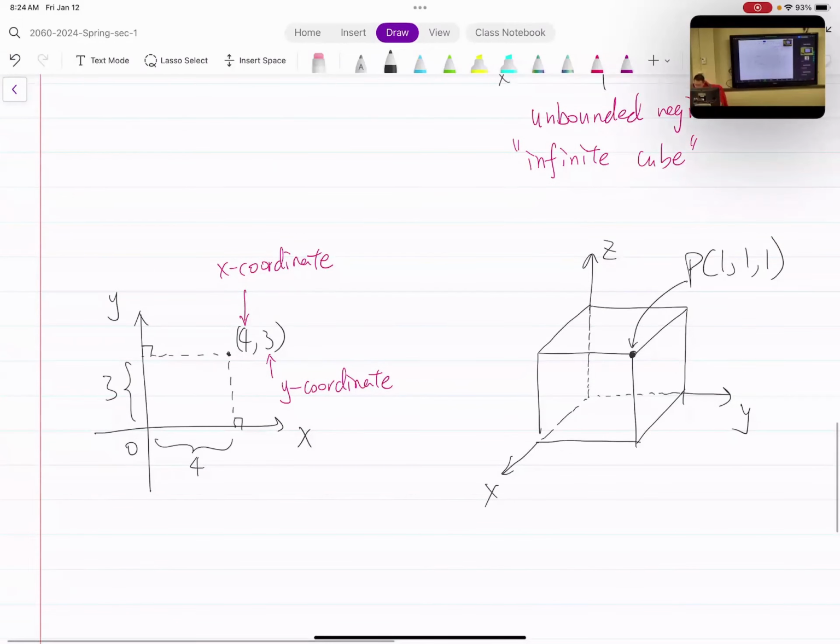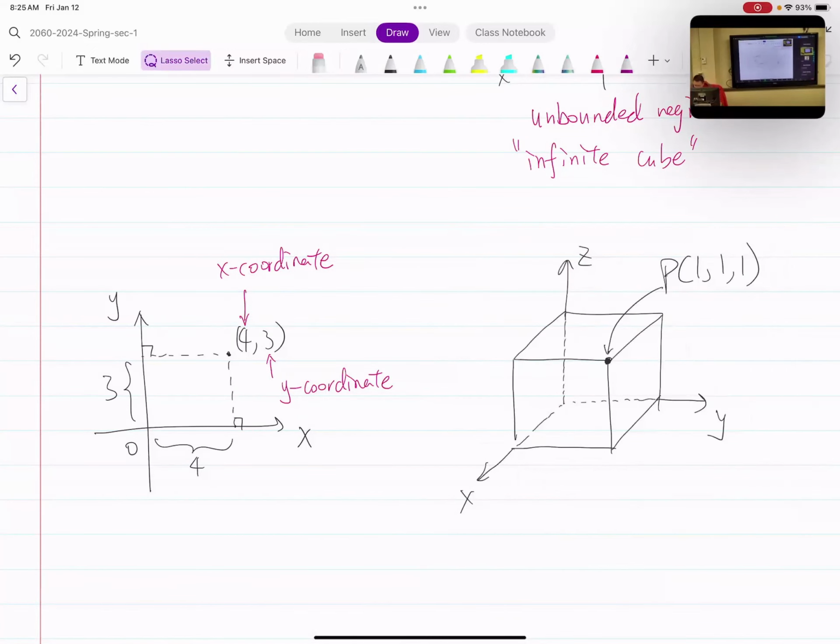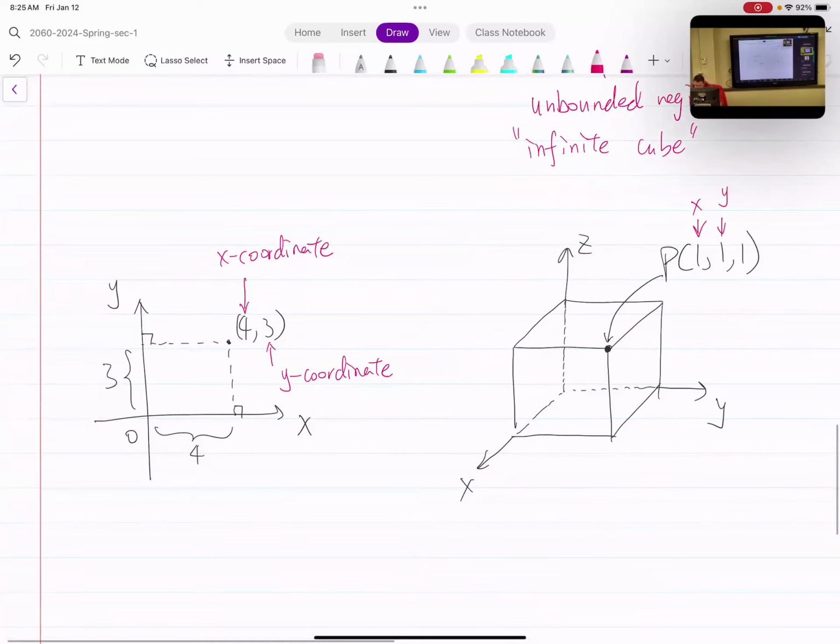Basically, we have three coordinates, right? The first one and the second one are just the xy coordinates, like what you have seen in 2D. But the last coordinate, 1, is about the height.